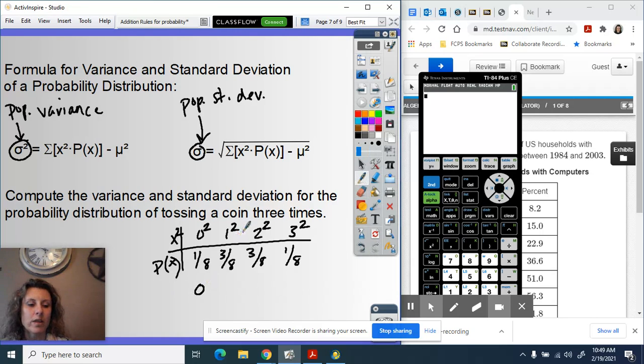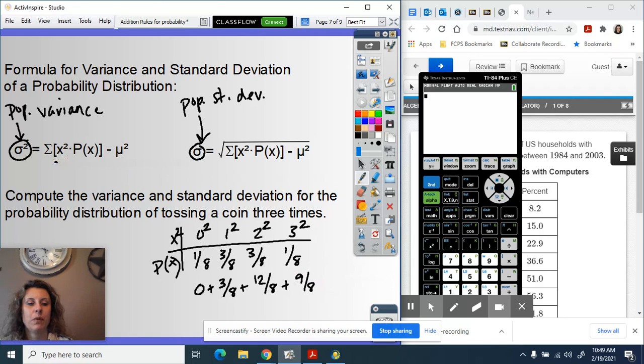Okay, this next one, 1 squared, is still 1. Multiplying straight down, 1 times 3/8, I get 3/8. 2 squared is 4 times 3/8, that gives me 12/8. And 3 squared is 9 times an eighth, that gives me 9/8.